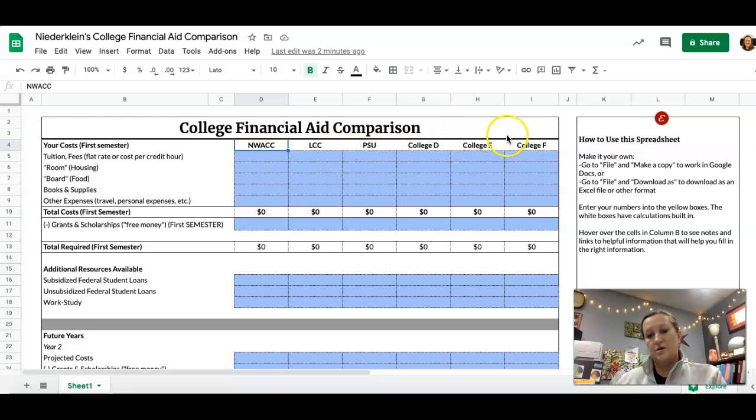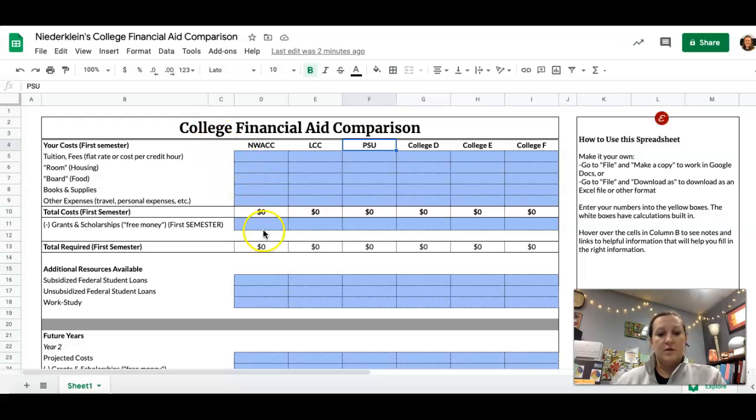It has 6 on there. You can add extra columns if you want to. This is on your own copy. So I want to just look at 3 schools: Northwest Arkansas Community College, Quebec Community College, and PSU. Those are my 3 that I've narrowed down to.